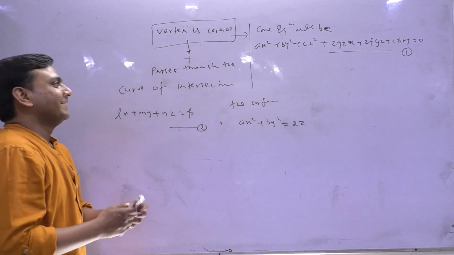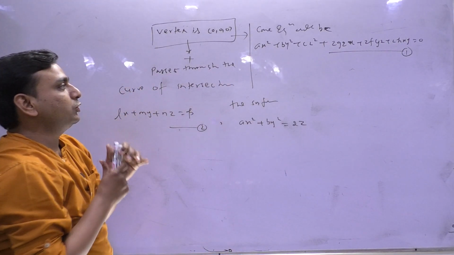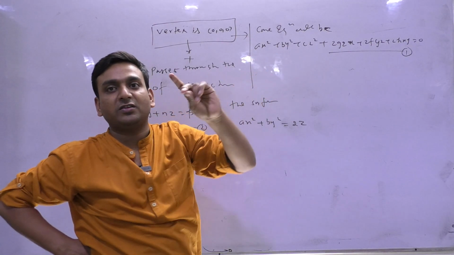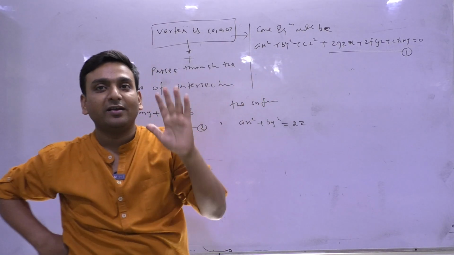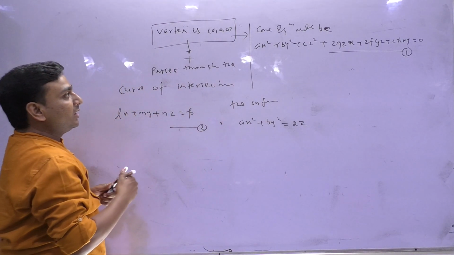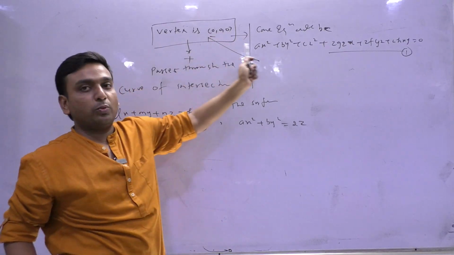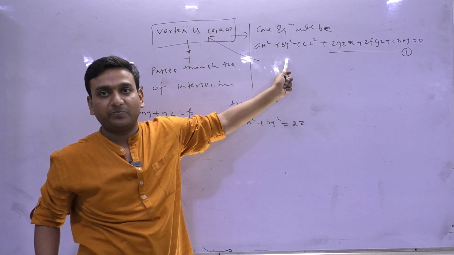So what we learned is that if you have an equation like this, then it will always represent a cone. Its job is done, only when the vertex is at origin will the homogeneous equation represent the cone.